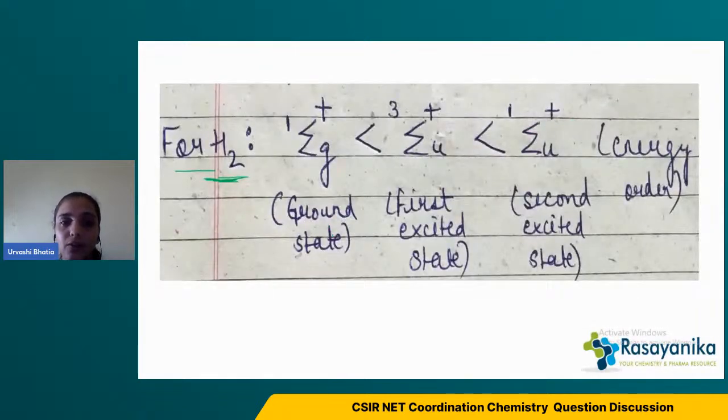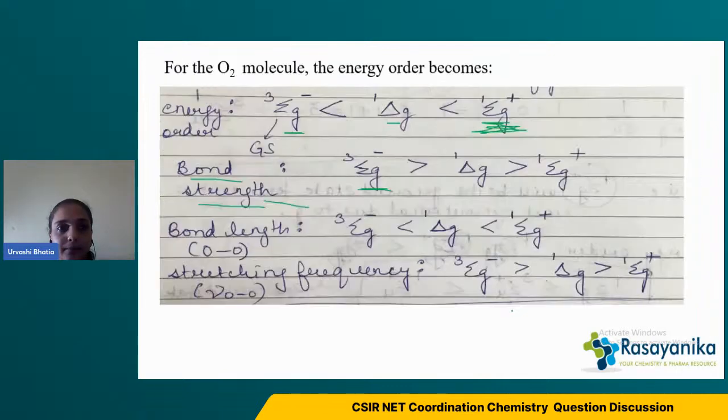So this is G. That is why it is the ground state, right? Then this will be the first excited state because it has higher spin multiplicity 3 and this one has 1, right? This has higher, so its energy is less. Okay, so yeah, this is all for this question.